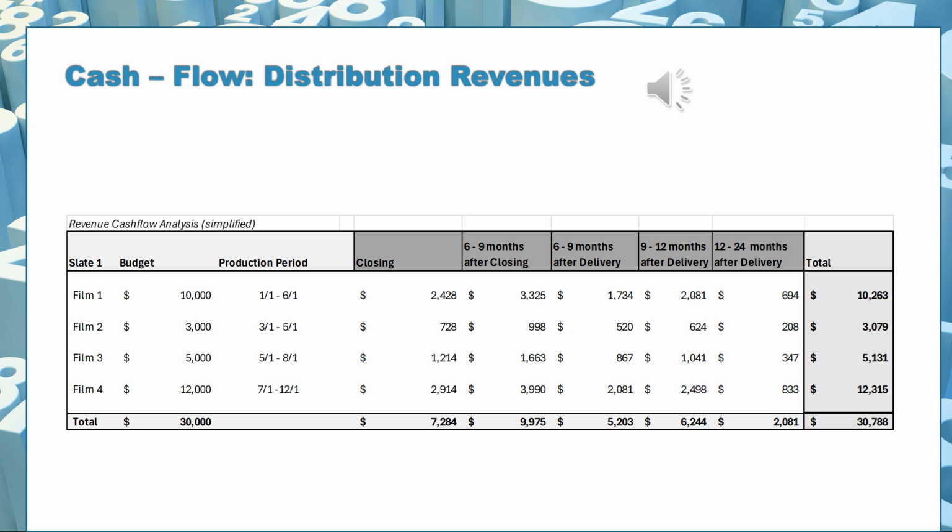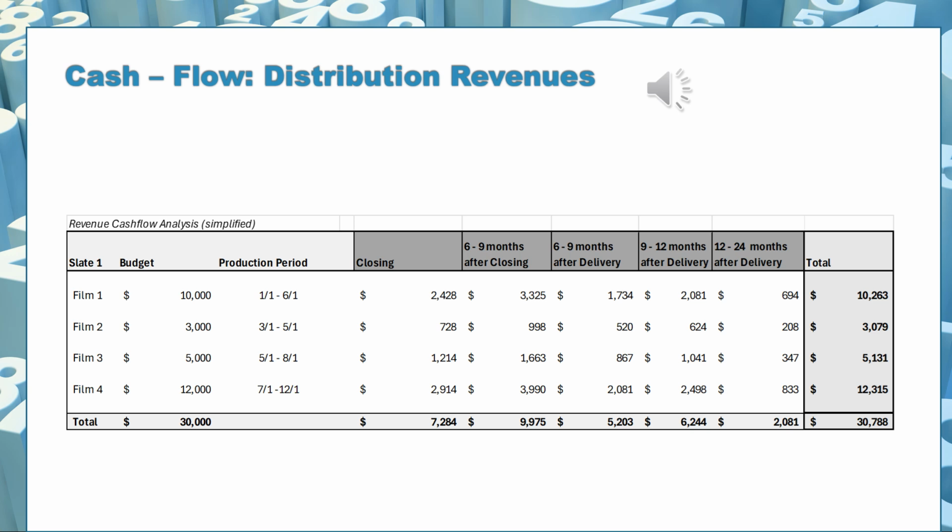So altogether here, during the closing phase, we are generating revenues altogether of $7,284,000, and then after that we have the domestic come in at $9,975,000. Then we have international come in at $5,203,000 in the 6 to 9 months after delivery.